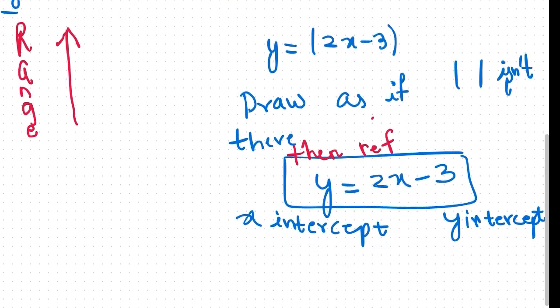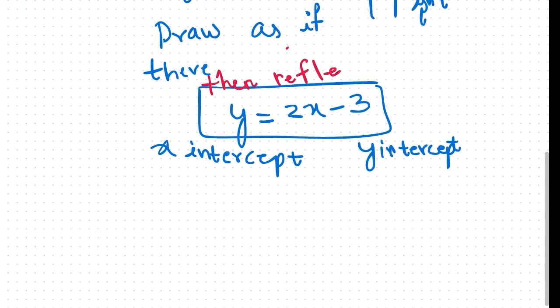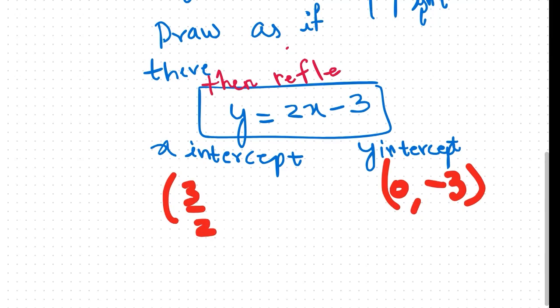Which two points? Negative 3 is the y-intercept, so 0 comma negative 3 is one point. And 3 by 2 comma 0 is the x-intercept.